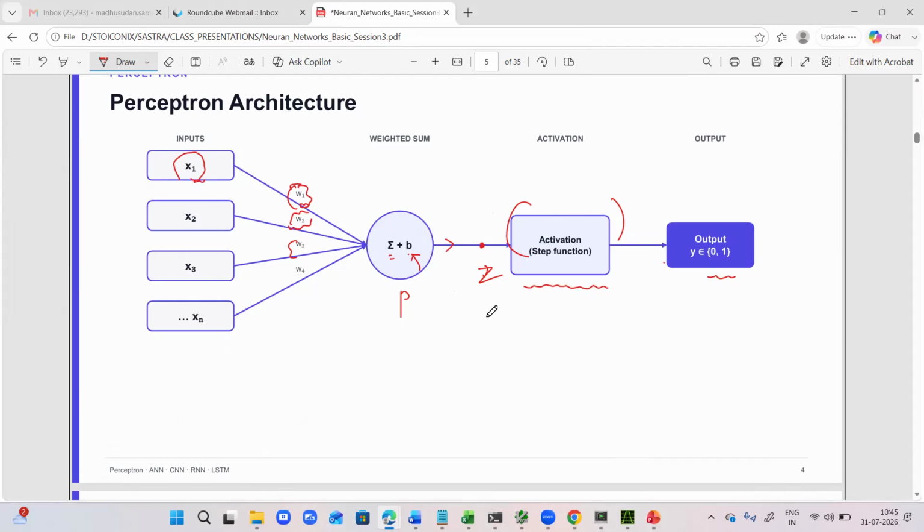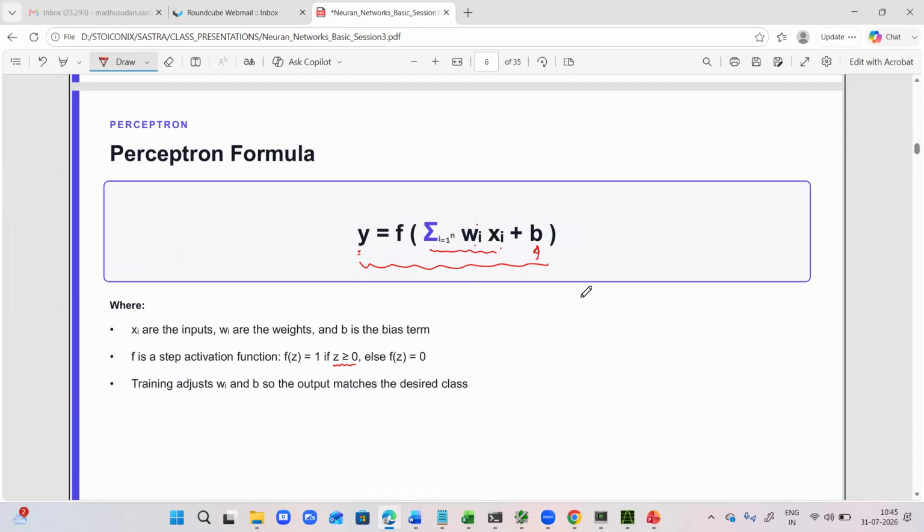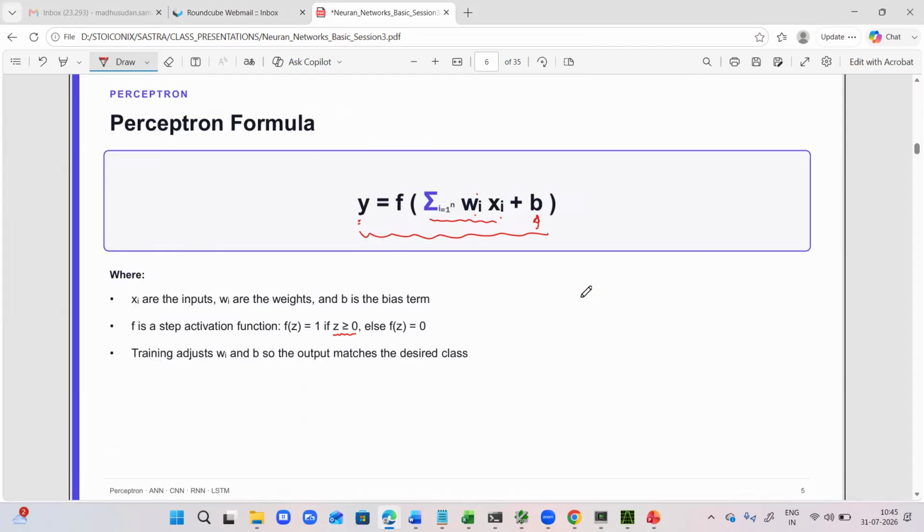The entire output from this summation and the addition of the bias goes through an activation process. This activation process produces an output which is a 0 or 1. It's a binary output, yes or no, sort of a thing. We will look at an example, and this will become evident.